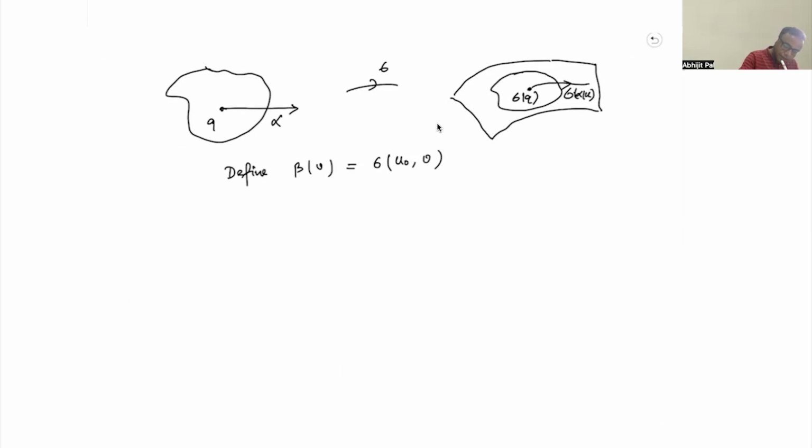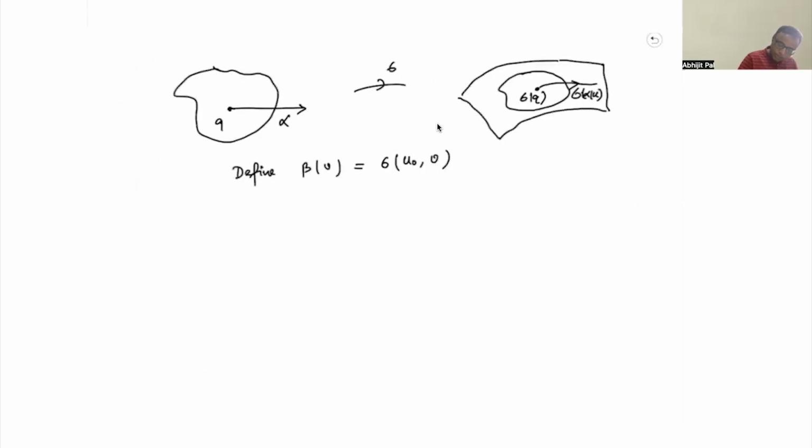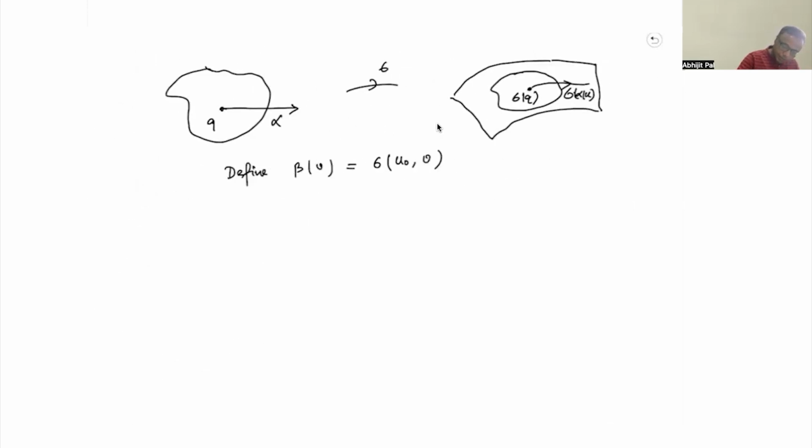Okay, so one mistake I have made in the diagram. If you map this straight line by sigma to this thing, this will in fact be the curve alpha.